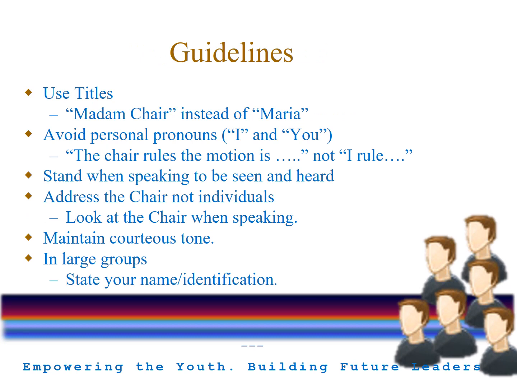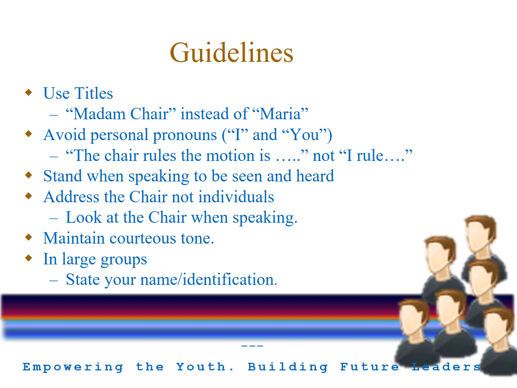When we do meetings, when we use the parliamentary procedures, we have here some guidelines. First and foremost, let us be courteous. Therefore, we have to use titles, either Madam Chair or Mr. Chair or the Chair, instead of saying Maria or Mario.